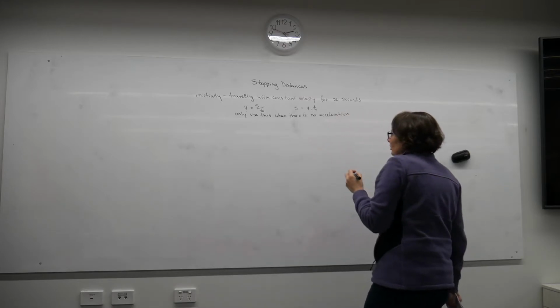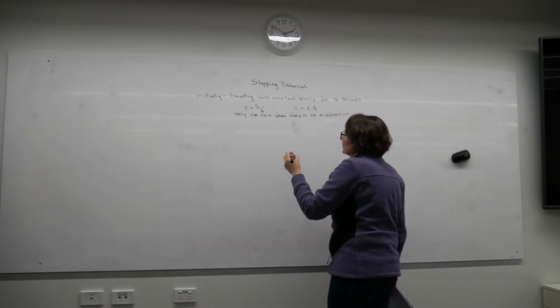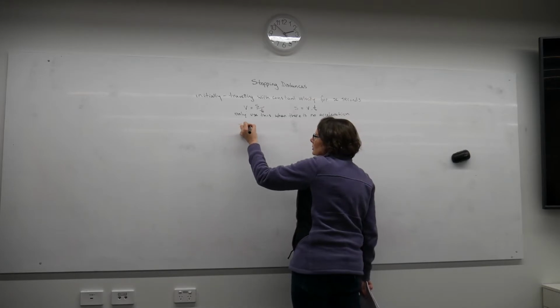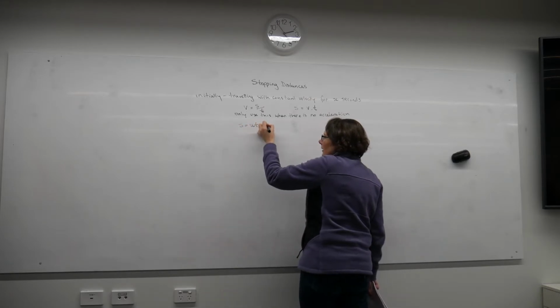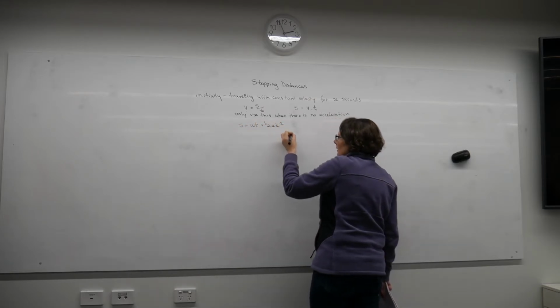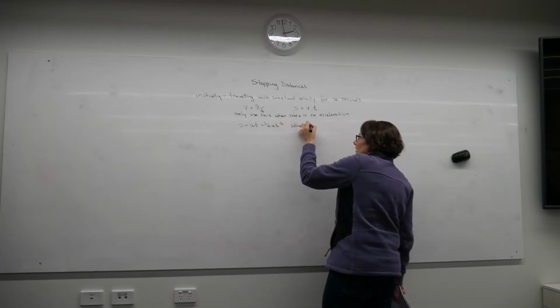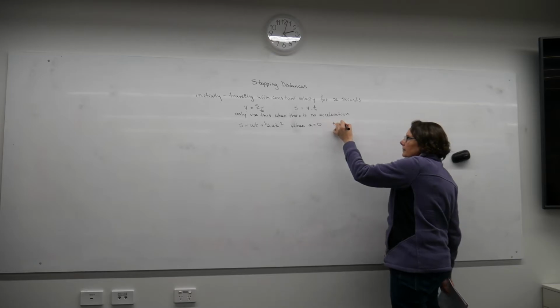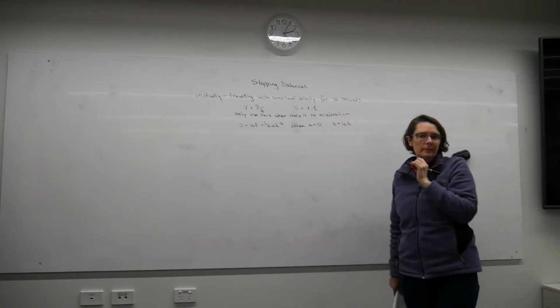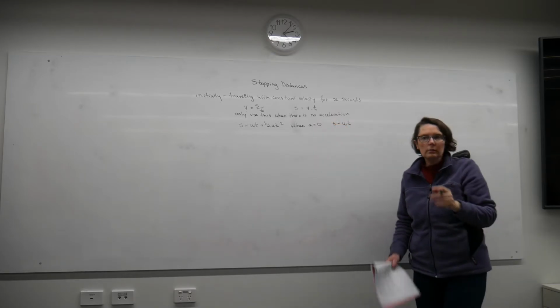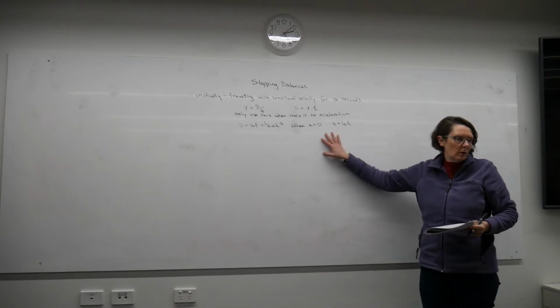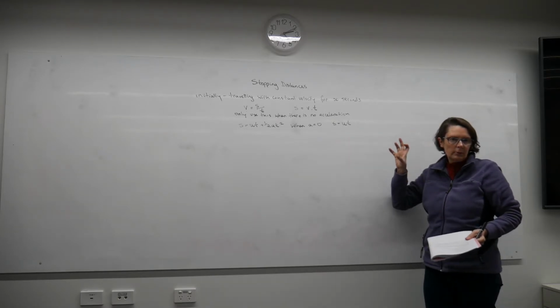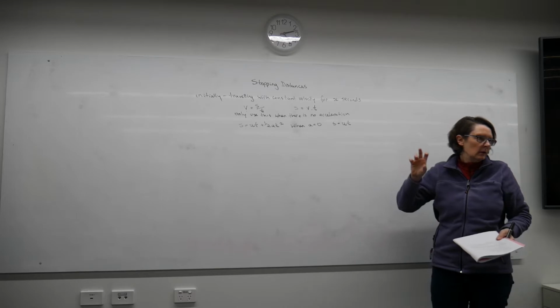We can also think of this relationship as, if s equals ut plus a half at squared, when a is equal to 0, s equals ut, doesn't it? So the three main equations of motion will always work.